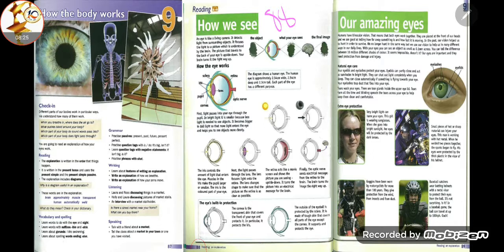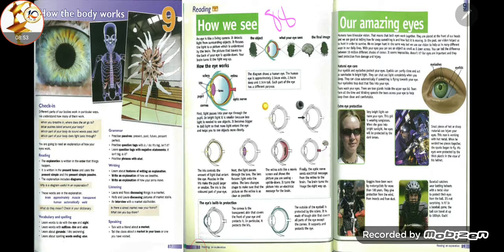In bright light, it is smaller because less light is needed to see objects. It becomes bigger in dull light so that more light enters the eye and helps you to see objects more clearly. The iris controls the amount of light that enters the eye. Muscles in the iris make the pupil larger or smaller. The iris is the coloured part of your eye.